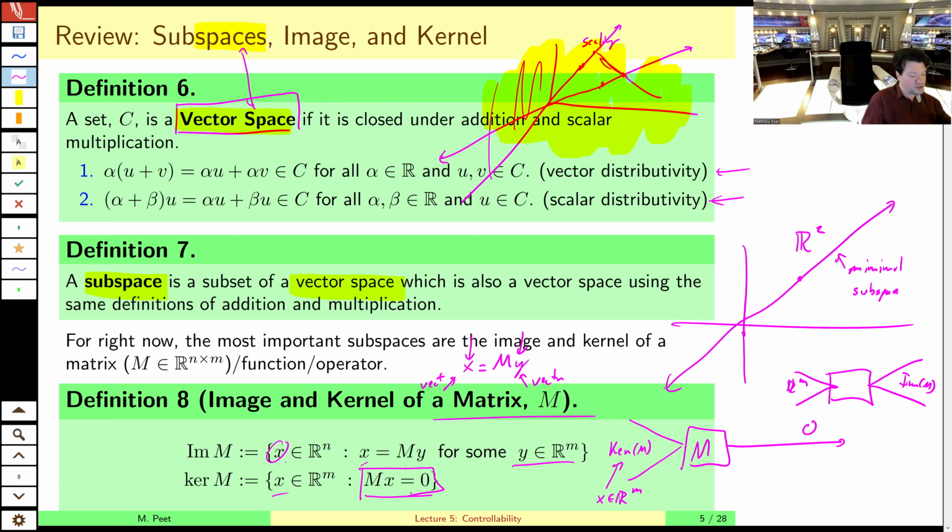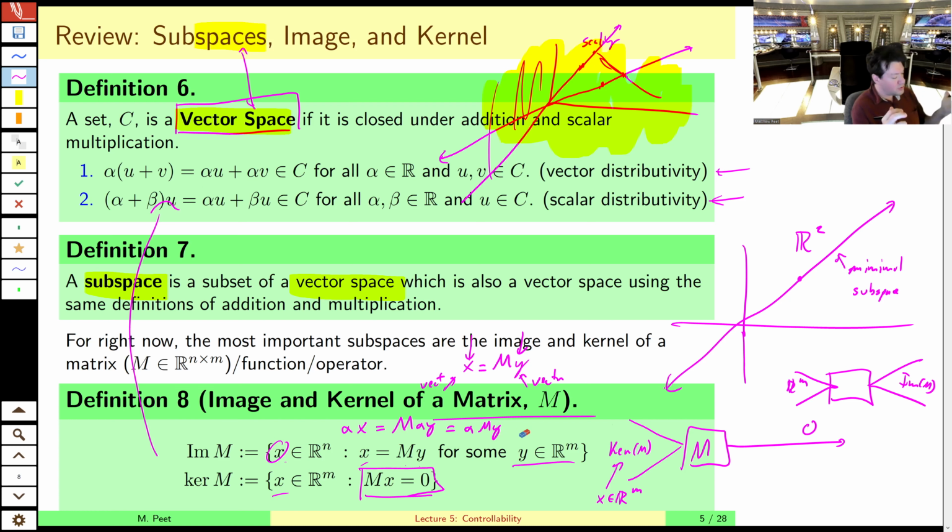Yeah. So there's two subspaces. Obviously, they satisfy the properties of subspace. You scale 0 by any multiple, it's still 0. And likewise, if x is in the image, then alpha x is in the image because you just scale y by alpha and you get something in the image. So fairly straightforward.